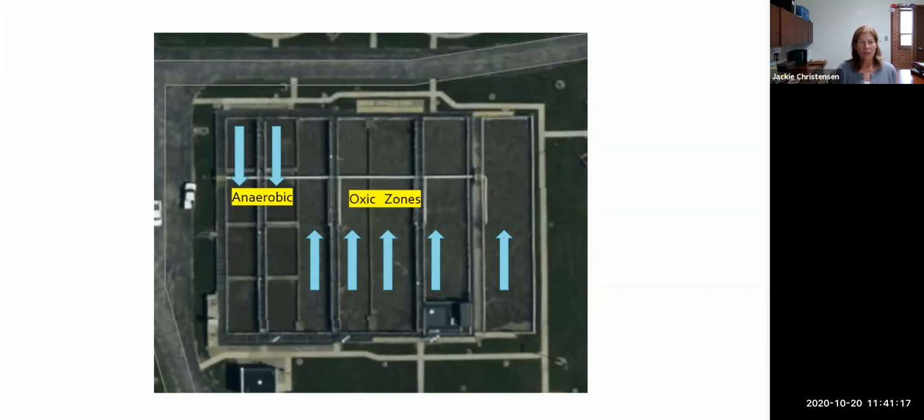And then when the flow reaches the south side or the bottom of the picture, it divides and goes in opposite directions through the 5 remaining aerobic basins. We have the 8 horsepower mixers in the anaerobic, and then we do have fine bubble for aeration. This is the heart of the BOD, suspended solids, and total phosphorus treatment.